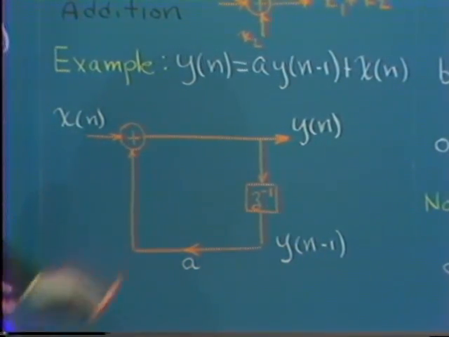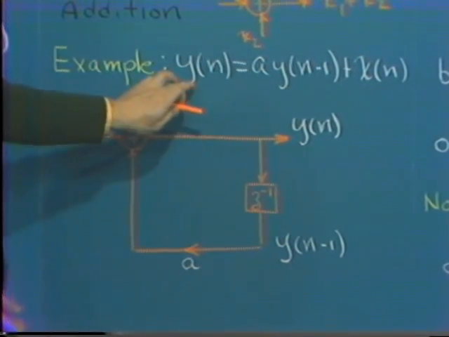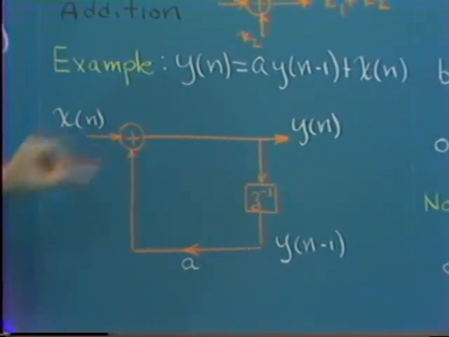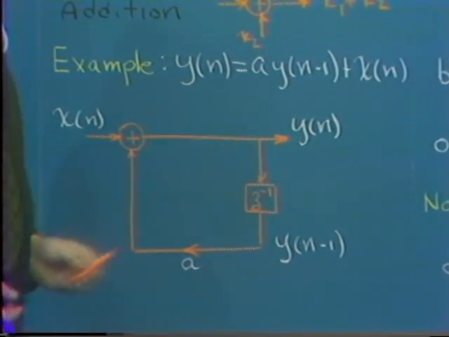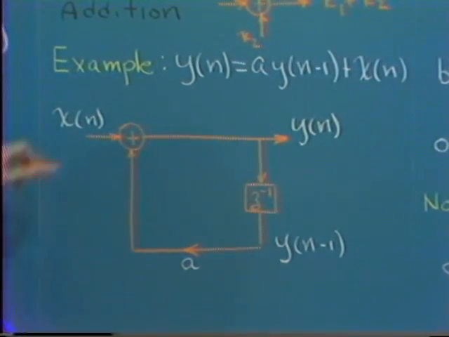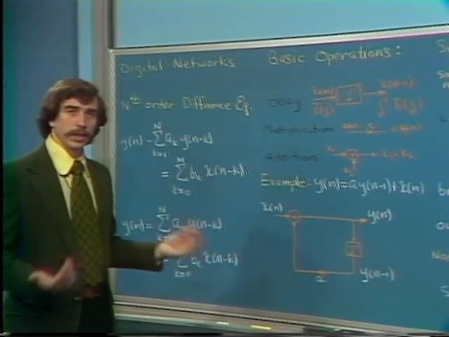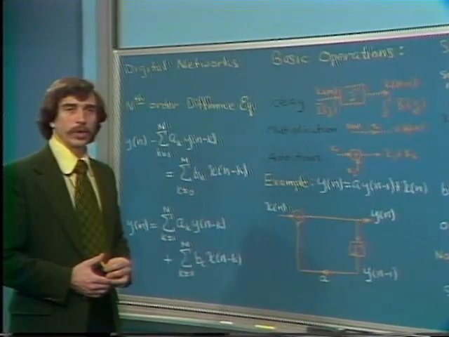So here we have a times y of n minus 1. And then the difference equation states that y of n is the sum of that with the input, and so that goes into the adder, and out comes y of n. So this then corresponds to a block diagram representation of the difference equation, or equivalently a digital network in block diagram notation.